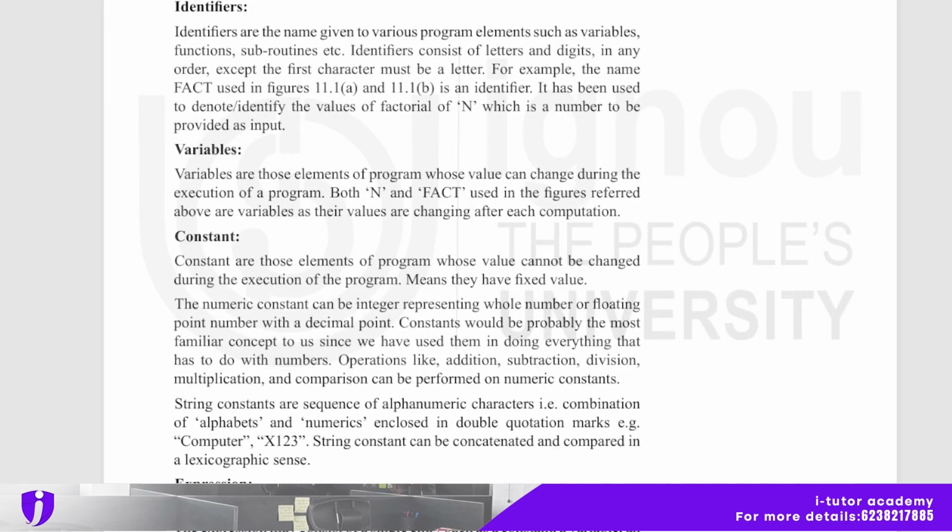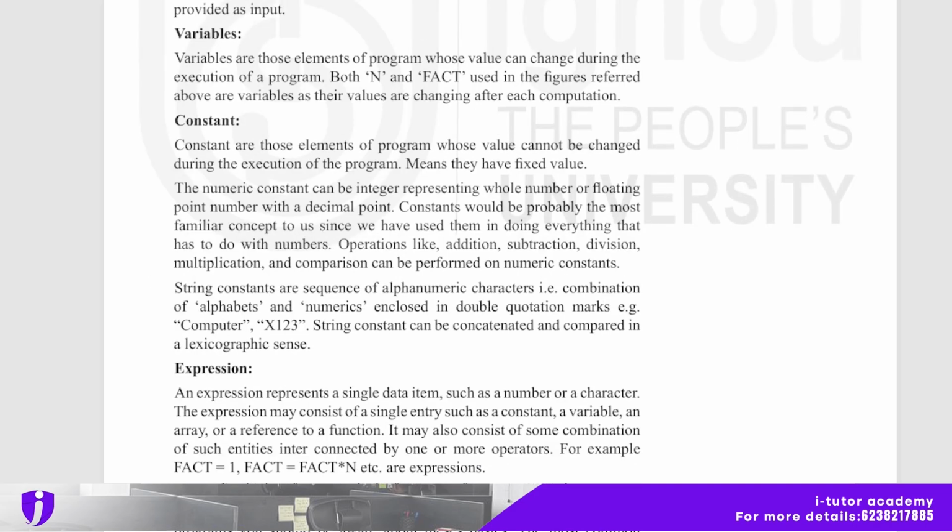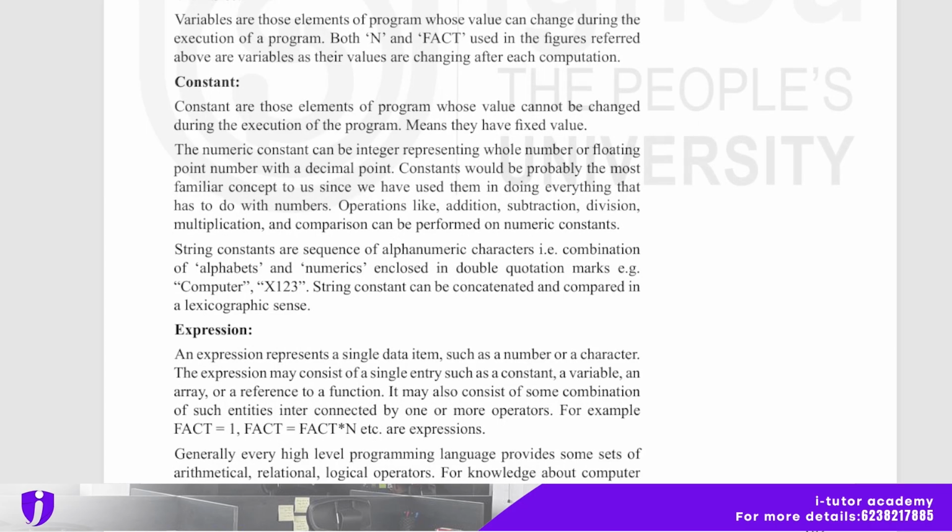Identifiers are the names given to various program elements such as variables, functions, subroutines, etc. Identifiers consist of letters and digits in any order except that the first character must be a letter. Variables are those elements of a program whose value can change during the execution of a program. Both n and fact used in the figure referred to above are variables, as their values change after each computation.